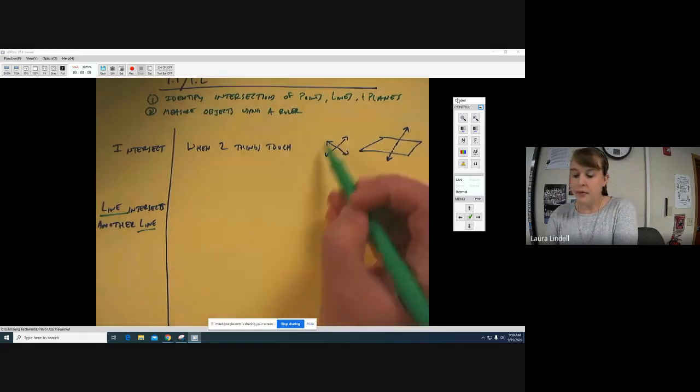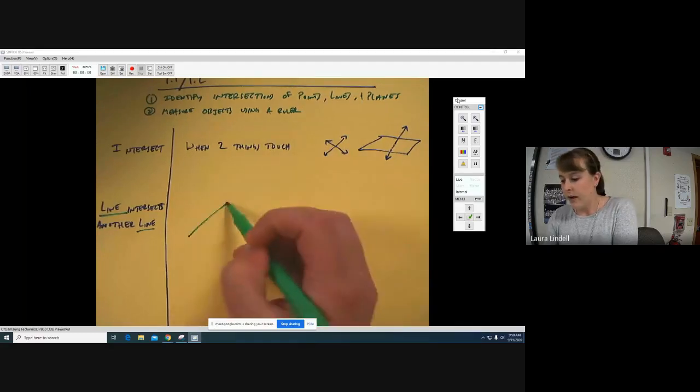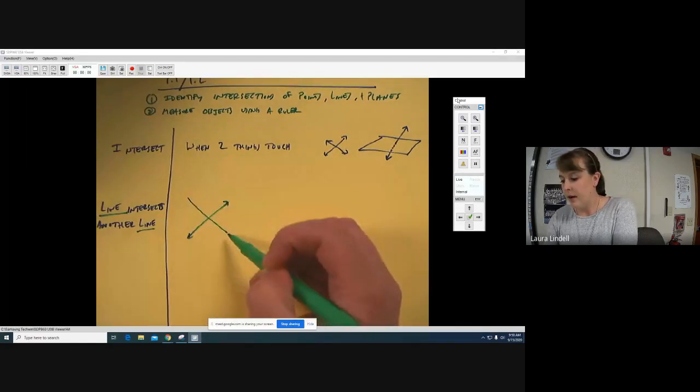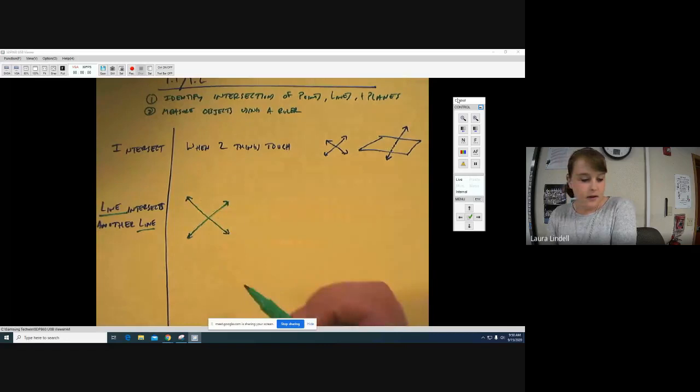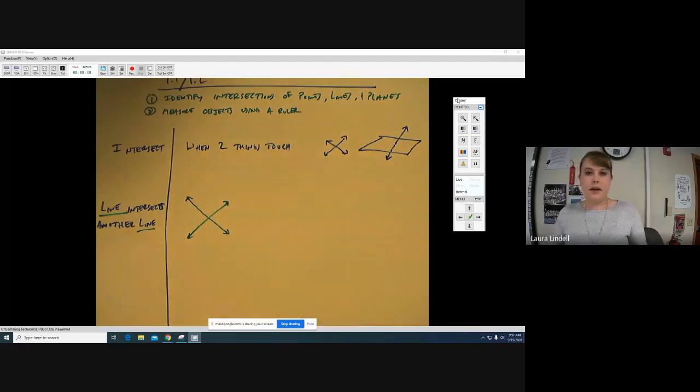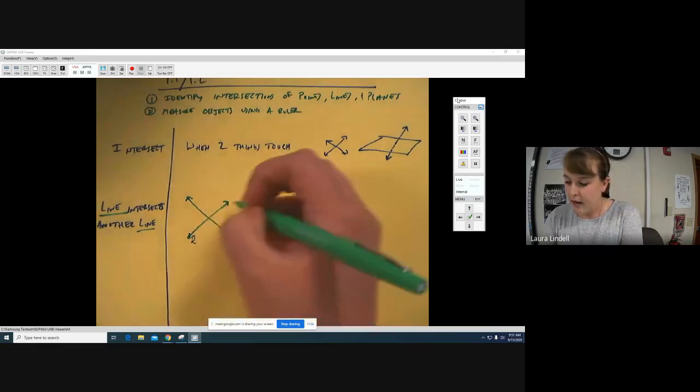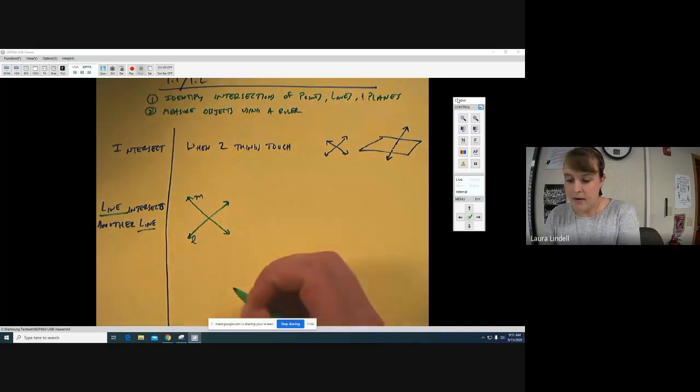So that's this picture that we have going up here, where we've got two lines and they are crossing. And the thing that we want to talk about is the object that happens at that intersection. So let's call this one line L and we'll call this one line M.